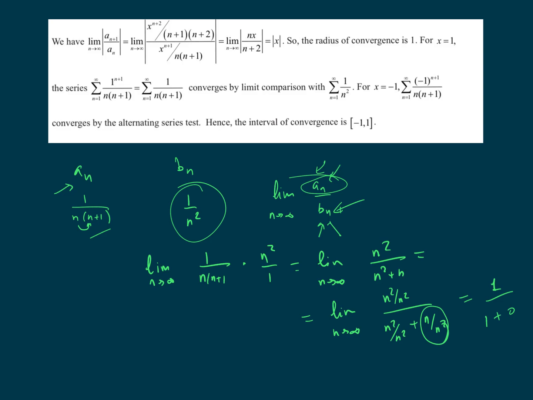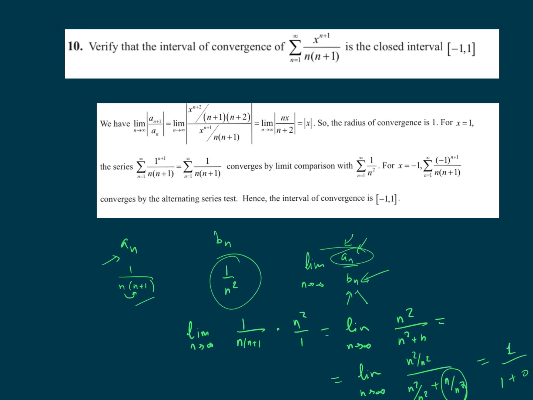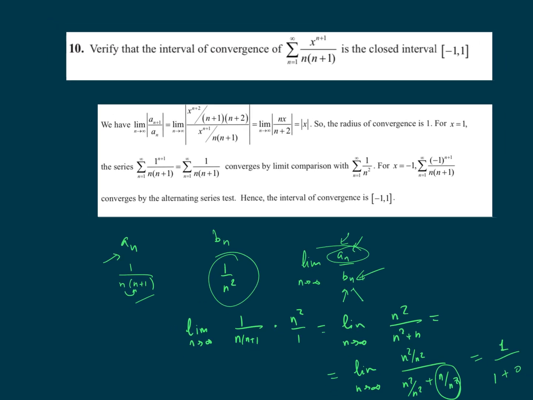Now we have to analyze what will happen with the series when x equal -1. When x equal -1, this series is (-1)^(n+1) divided by n multiplied by (n plus 1).